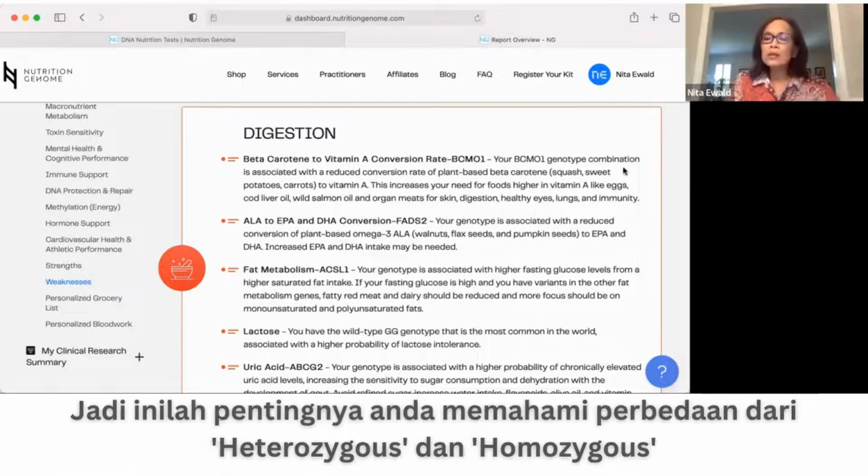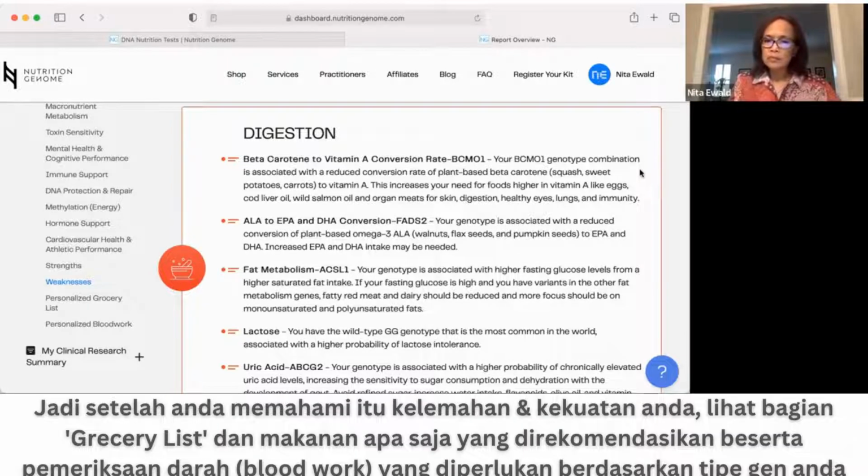So that's what it means. So that's why I feel the need to mention the difference between heterozygous and homozygous.